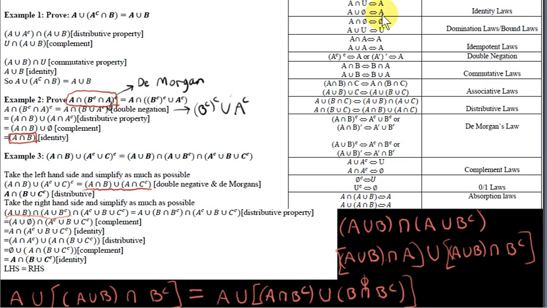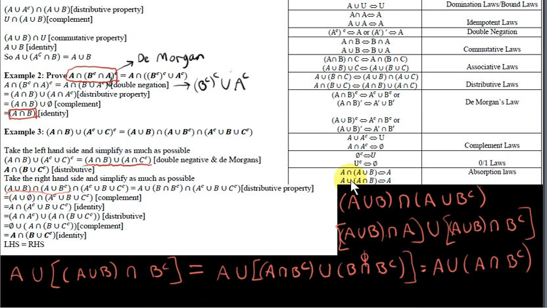A union with phi is just A. Now we can apply the second absorption law. A union with A intersecting B is just A. So A union with A intersecting B complement, it doesn't matter what this set is, just A. So that's what's arrived at here without much explanation. So we end up getting A for all of this here.